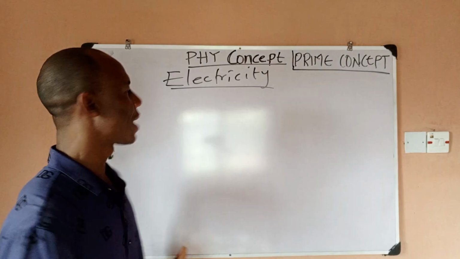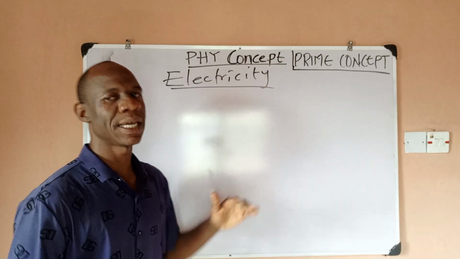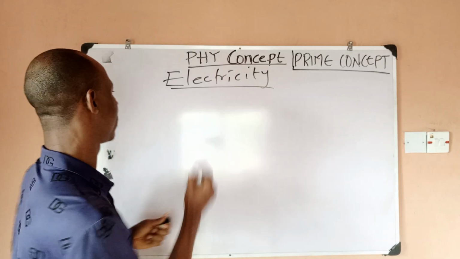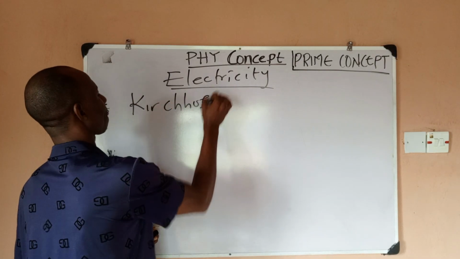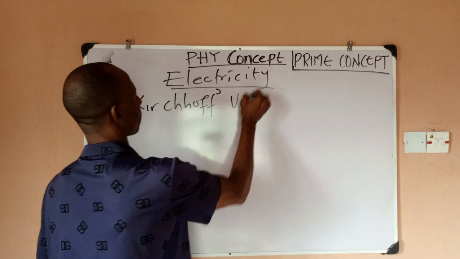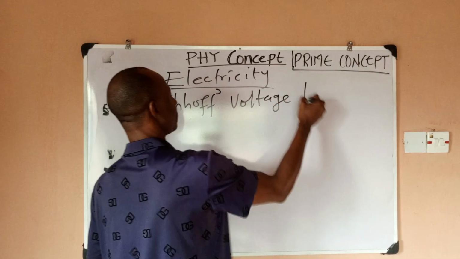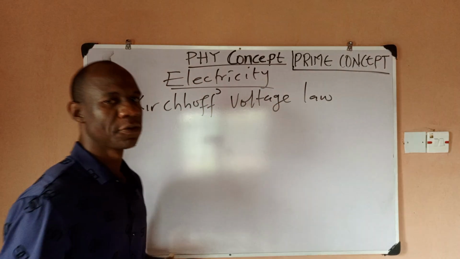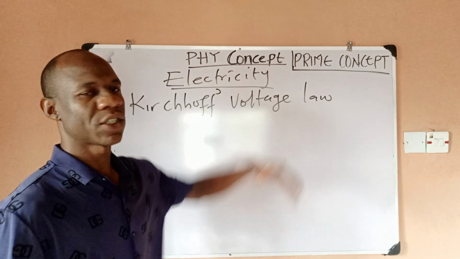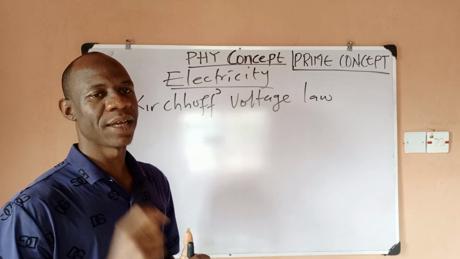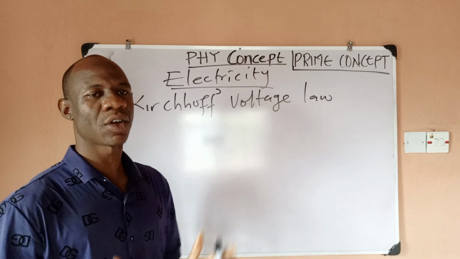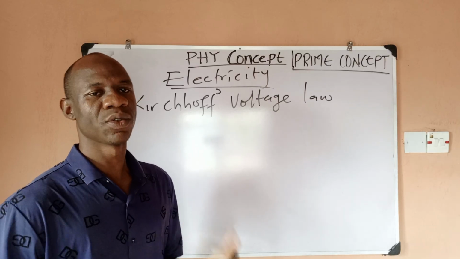So now we want to look at the idea of Kirchhoff's voltage law. Kirchhoff's voltage law, what does it say? It says that the net sum of EMF and voltage drop across a loop is equal to 0.